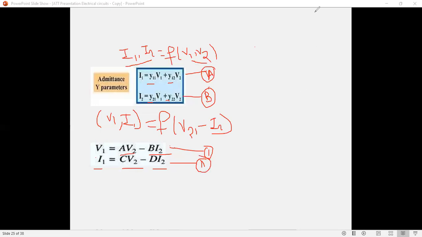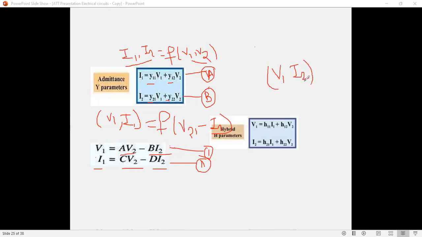Now the next parameter is the hybrid parameter. Here also, the input voltage of the network and the output current of the network are expressed in terms of, or are a function of, I1 and V2.